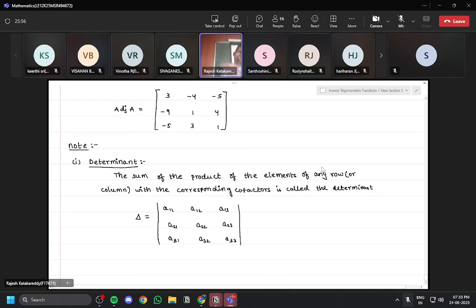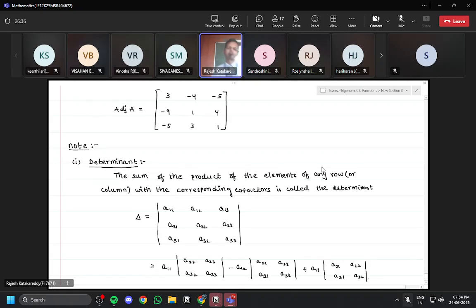Normally we are expanding using row 1. Let us say what we write. We write A11 into determinant of A22, A23, A32, A33, minus A12 into determinant of A21, A23, A31, A33, plus A13 into determinant of A21, A22, A31, A32.